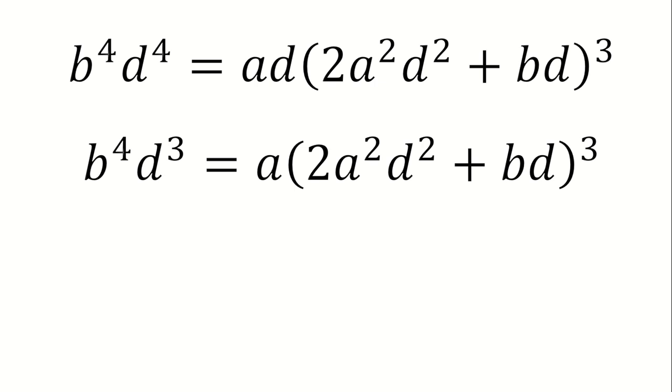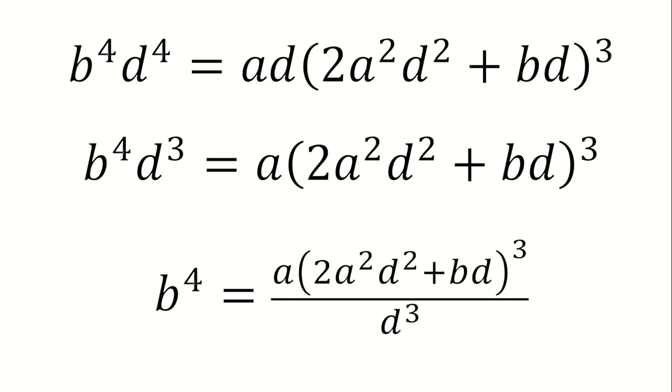And we lead to B to the power of 4 times D cubed is equal to A times (2A squared D squared plus BD) cubed. By moving D cubed to the right side, we have B to the power of 4 is equal to A times (2A squared D squared plus BD) cubed, all divided by D cubed.